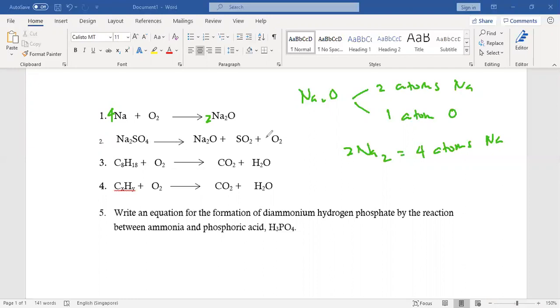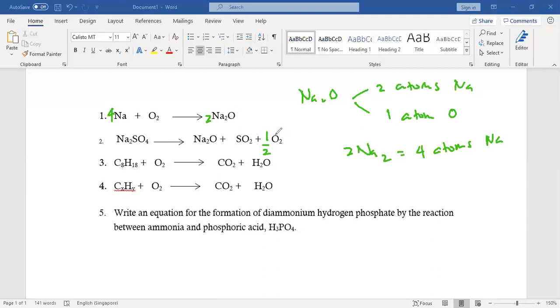So the empirical way to balance that one, we can put a half. So half times 2 is 1, plus 2 is 3, plus 1 is 4. So it already matches the number of oxygen on the left-hand side. But usually we don't use fractions in chemical reactions.